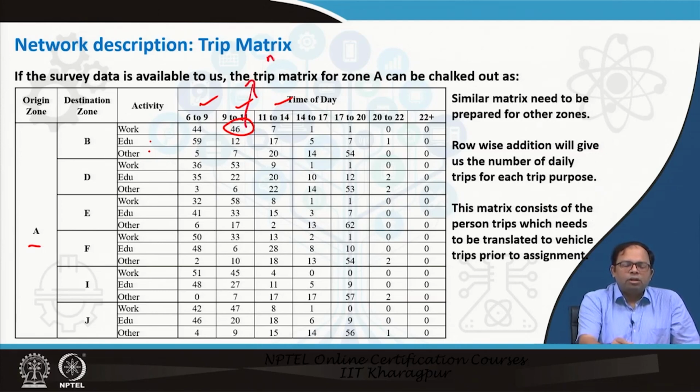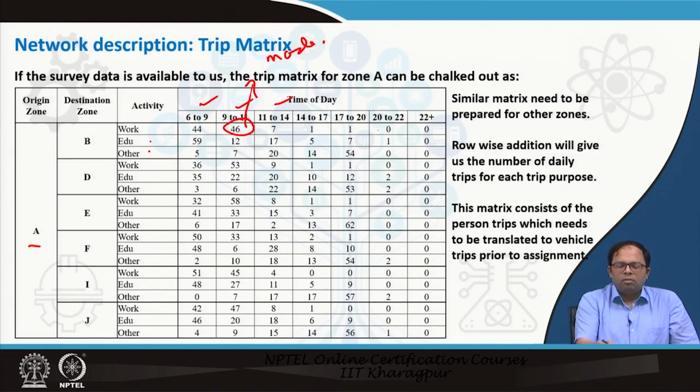After that we can also do mode wise another level of categorization. So, we have walk trip wise, and then we have time wise categorization, and a similar matrix needs to be prepared for other zones. This is only for zone A, and row wise addition will give us the number of daily trips for each trip purpose.